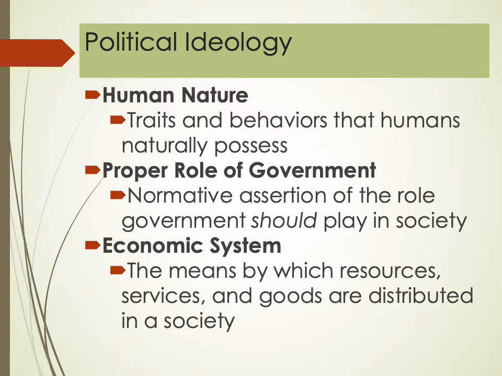And there are different beliefs about what the best way to distribute those resources are. Should they be distributed via a free marketplace, or should the government be in control of distributing those goods? And so that just gives you a basic understanding of these different categories. And now let's take a look at how liberals and conservatives differ in the way that they answer these sorts of questions.